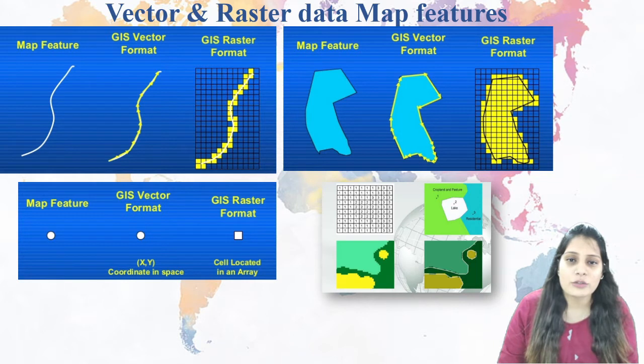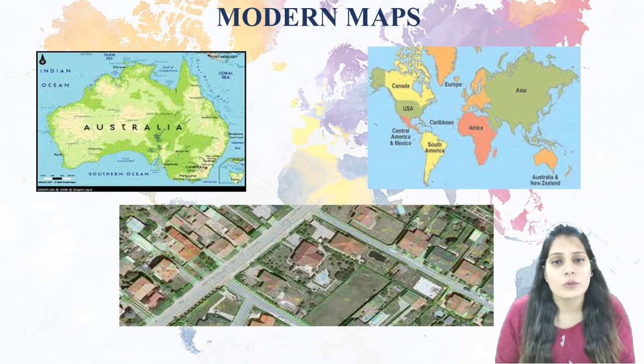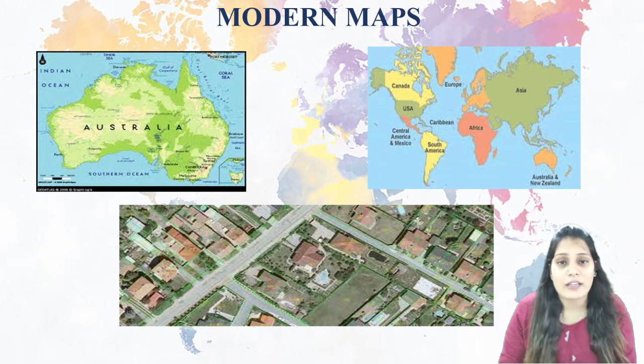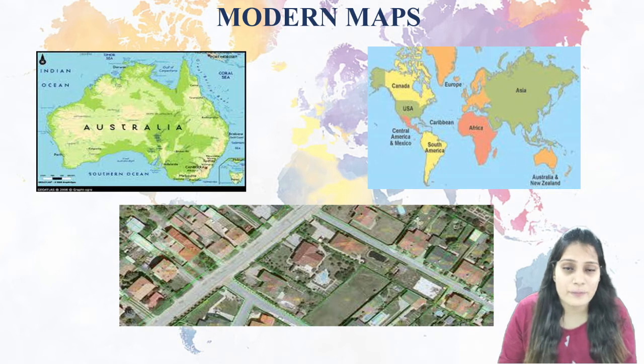Now, you know that almost a decade ago, we started making modern maps. Why are we making them? What is the importance of making them? With the help of a map, we can analyze where and for which location I want to do the analysis.